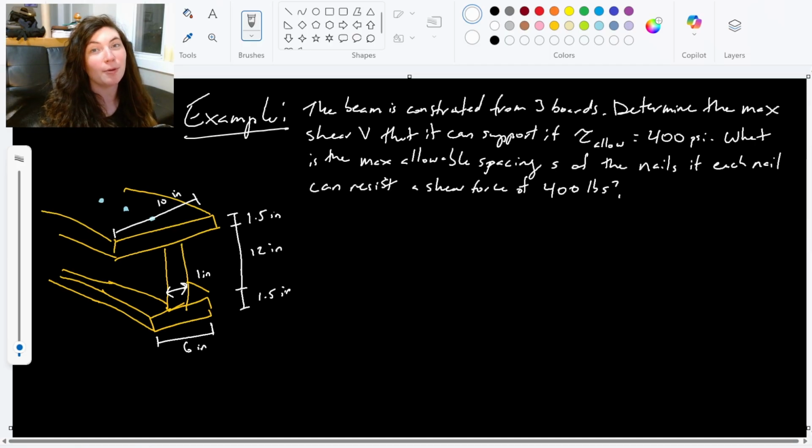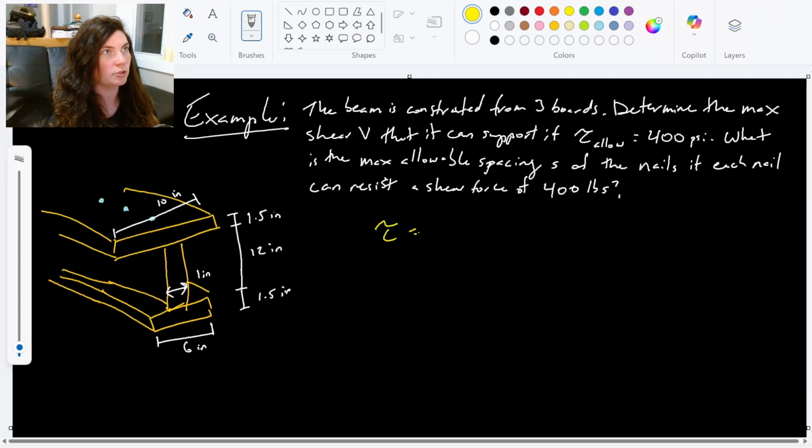All right, this is going to be a pretty big, long example, so settle in. Here we've got a beam constructed from 3 boards, and we want to determine the max shear that it can support if the allowable shear stress is 400 psi. So immediately I'm going to start just writing down some of those things that they give me.